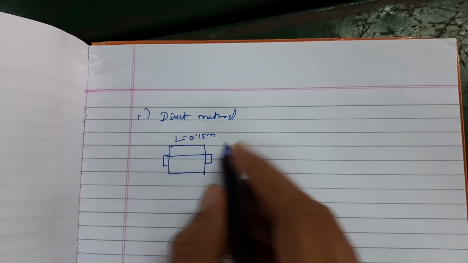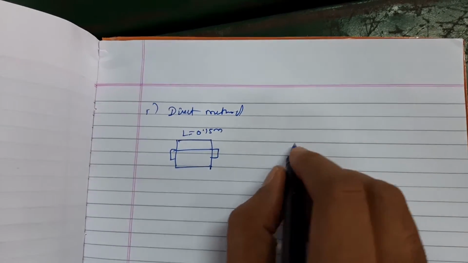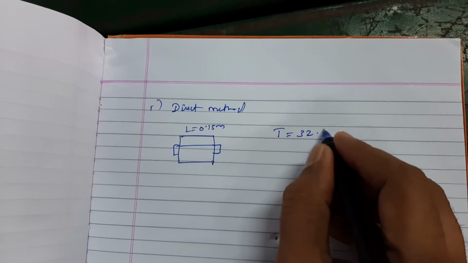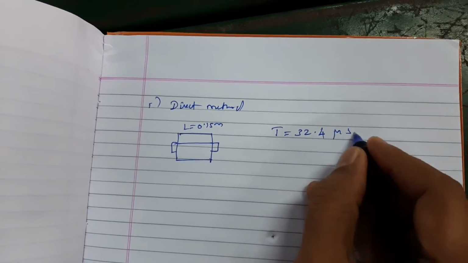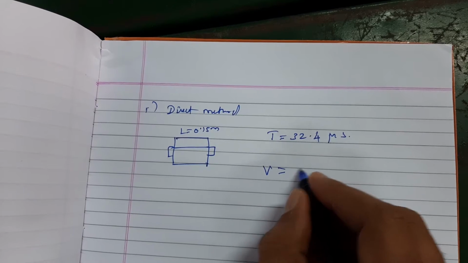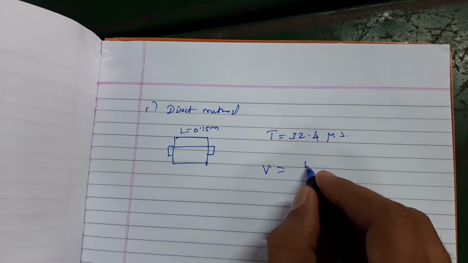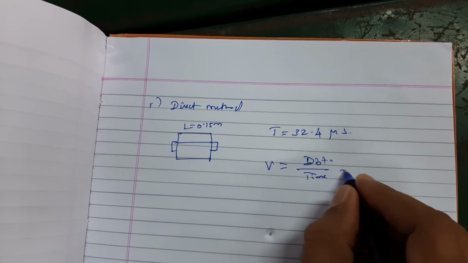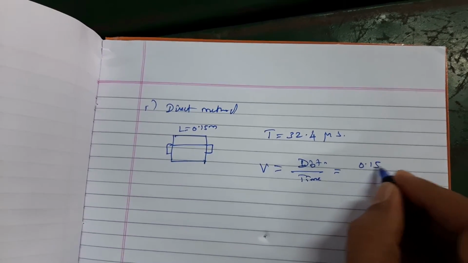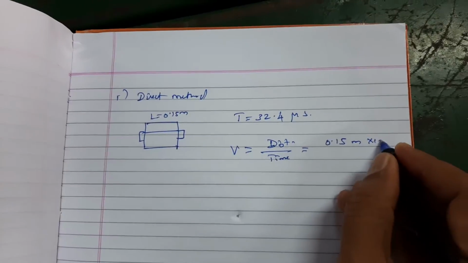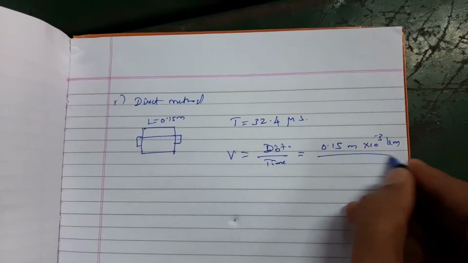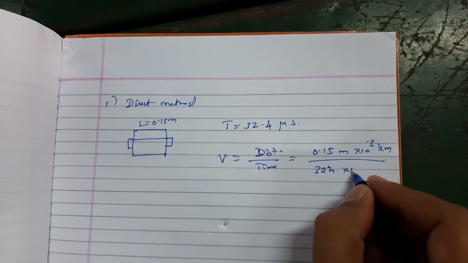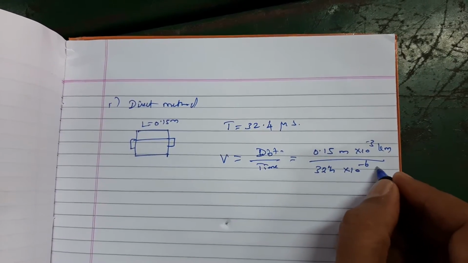So L is going to be 0.15 meter. The time taken we have as 32.4 microsecond. So velocity V equals distance, that is the length traveled, divided by time. The distance here is 0.15 meter into 10 to the power minus 3 kilometer divided by 32.4 microsecond, 10 to the power minus 6 second.